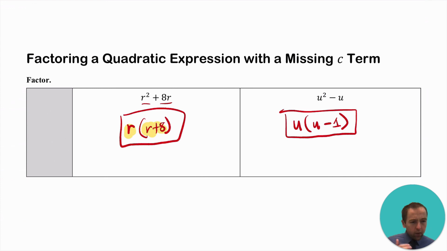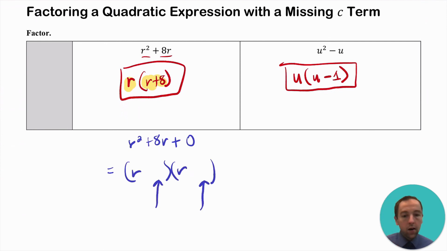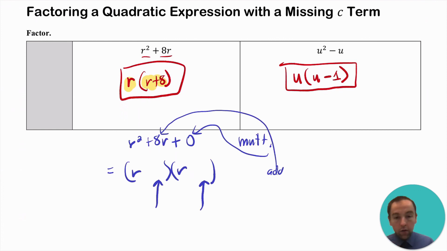Just to help you relate this to the other examples we were seeing, it fits nicely with what we were seeing before, because if I treated this first example as r squared plus 8r plus 0, when we think about trying to factor this expression, don't we want these two numbers to multiply to equal this last number of 0, but then also add to equal this number of positive 8?